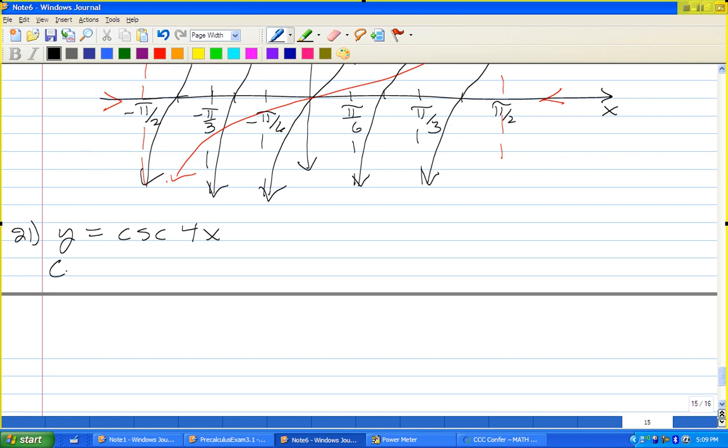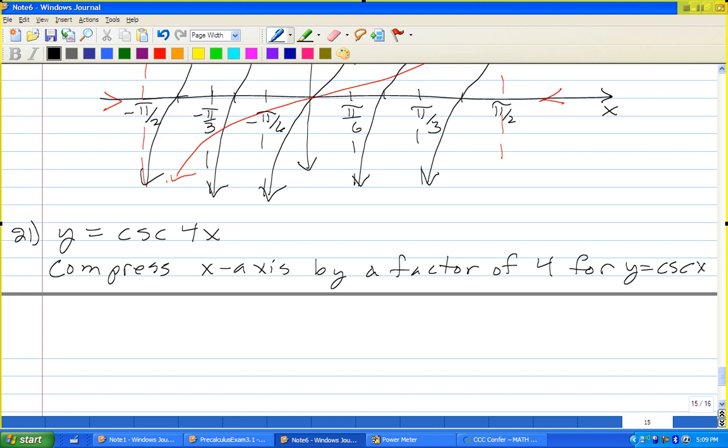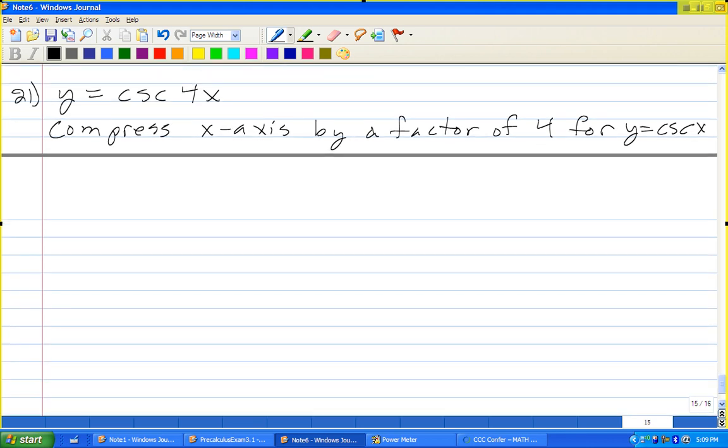Again, you're going to compress the x-axis by a factor of 4 for the graph of y equals cosecant x. Okay, so that's going to be compressed a lot. So I can only do just one at most of these.